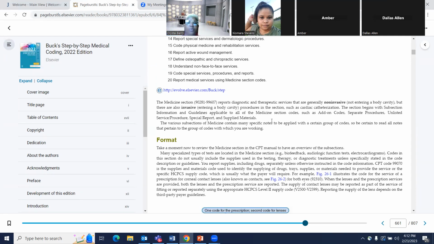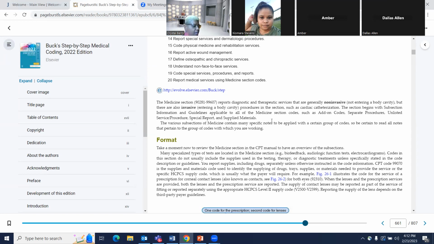And in the 2022 manual, it starts on page 719. This happens yearly when they're updating codes. They have a lot of add-ons, a lot of deletions, and different disease types that have been added. So you always have to make sure that you're reading those guidelines and the add-ons.